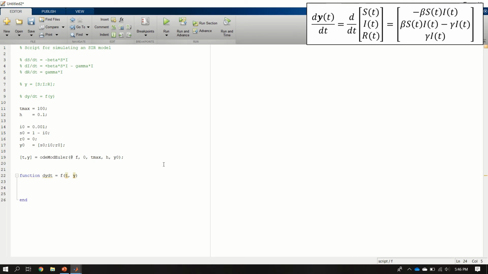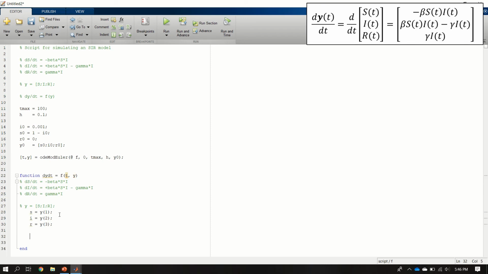Okay, so now we have to start coding up this thing over here. Let me just copy it here. And we know that the vector y holds these 3 solution components. So we can make this slightly more explicit, saying that S is explicitly the first component of y, I is the second component of y, and R is the third component of y.